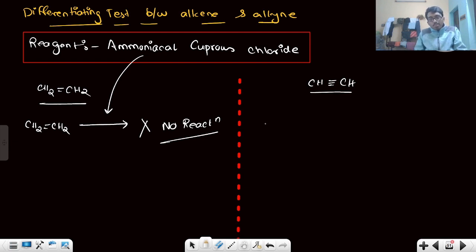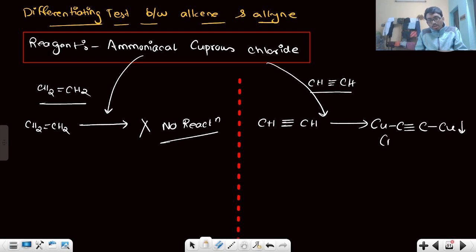But if I am having acetylene and I give the same reagent here, then some reaction will occur and this will be formed. And this is going to be a red PPT. This is called copper acetylene.